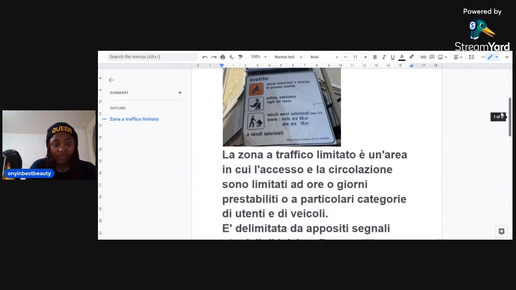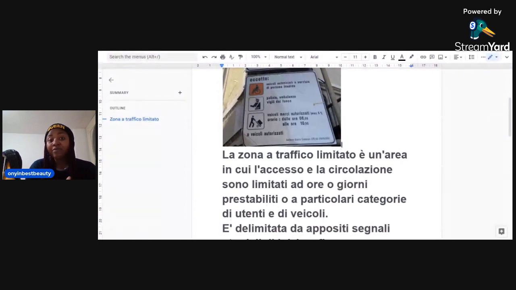Let's see the meaning. La zona a traffico limitato è un'area in cui l'accesso e la circolazione sono limitati, ad ore e giorni prestabiliti, o a particolare categoria di utenti e di veicoli. It is a place whereby the access and the circulation are limited for some preset hours or days.